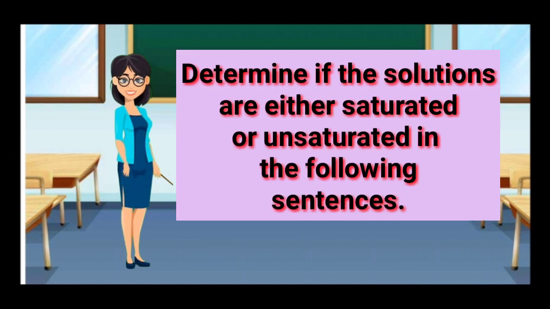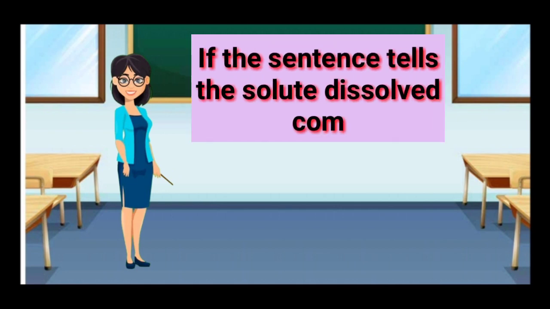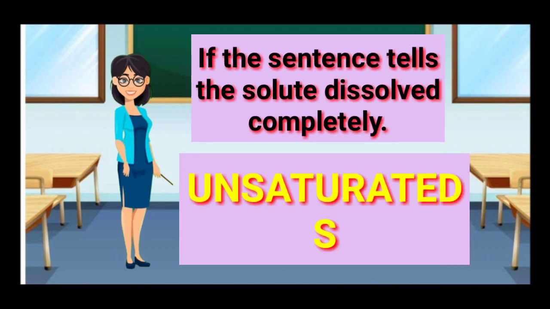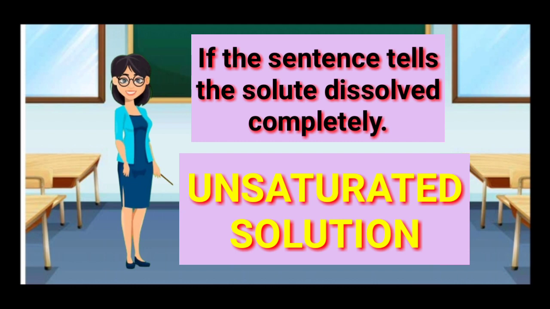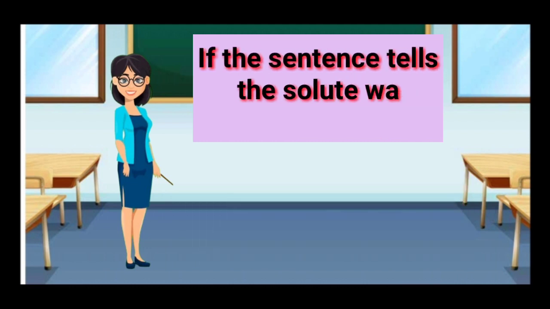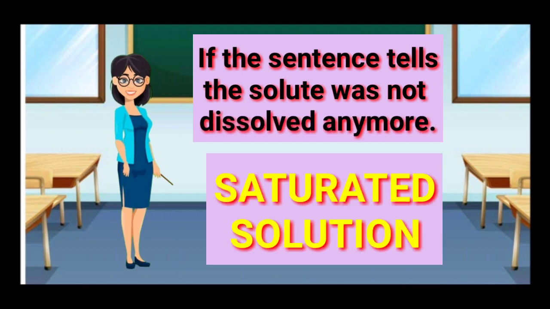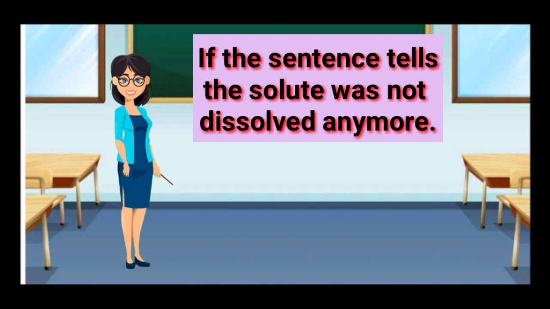Determine if the solutions are either saturated or unsaturated in the following sentences. If the sentence tells the solute dissolved completely, the solution is unsaturated. If the sentence tells the solute was not dissolved anymore, the solution is saturated.